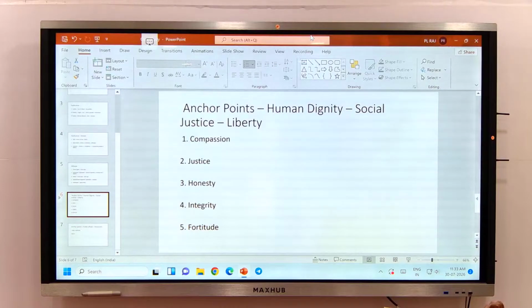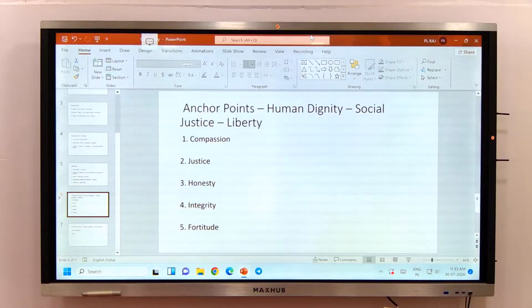Workplace harassment. Violation of the code of ethics based on moralities.